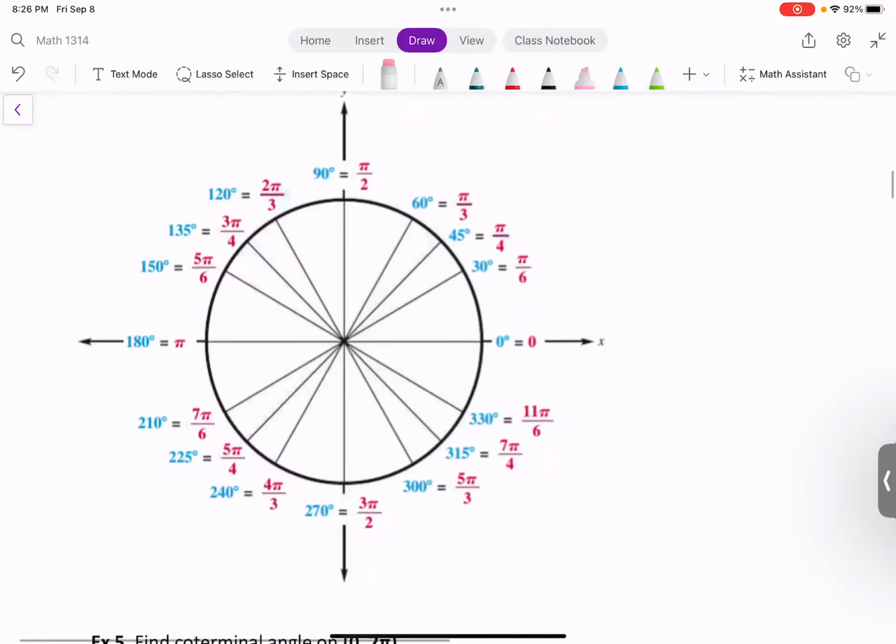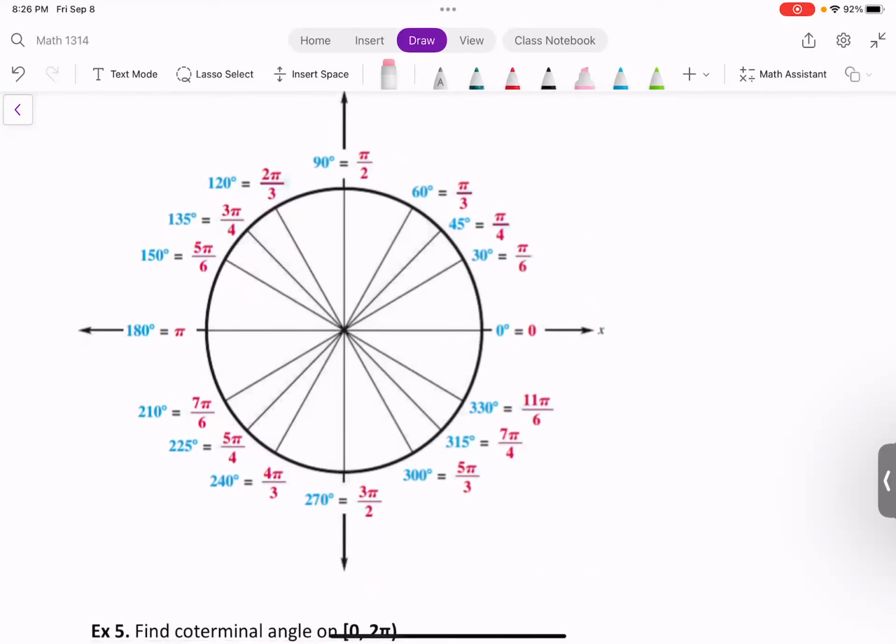All right, here we will see a unit circle, and it will help you to convert the degrees to the radians. So for example, if I have 30 degrees, I want to convert it to radians. I know I need to multiply by pi over 180. So this is pi over 6. And if I have 45 degrees, multiply by pi over 180, I'm having pi over 4.